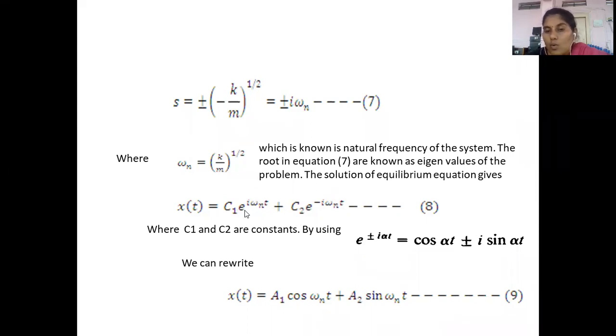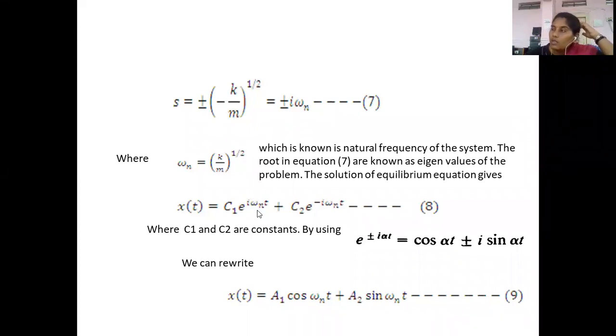That is plus i omega n, and s2 is minus i omega n. Putting these two values, x of t is equal to c1 into e raised to i omega n t plus c2 into e raised to minus i omega n t. I hope all of you have understood this.